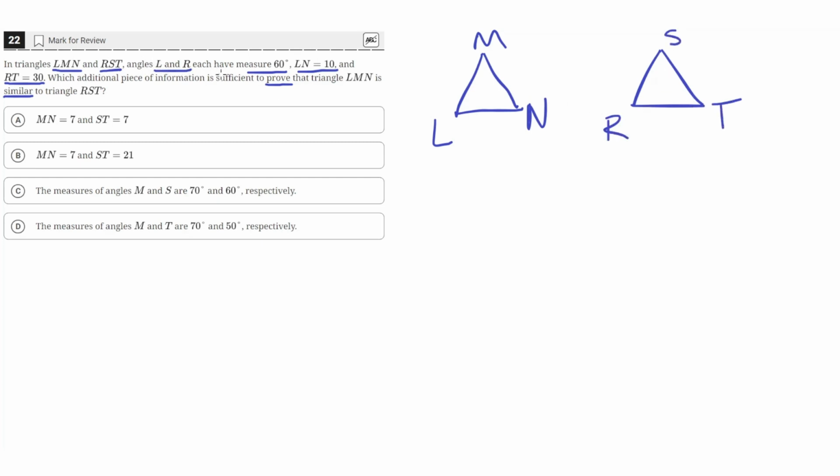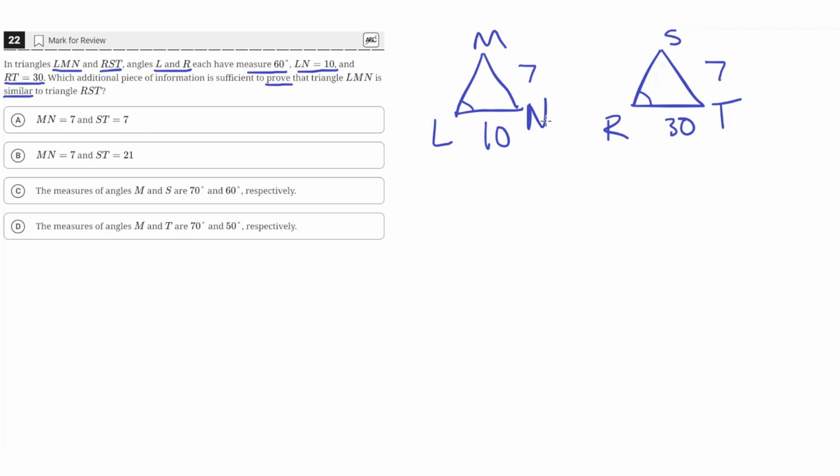So angles L and R are both 60 degrees. So this and this are the same angle. LN and RT are 10 and 30. So LN is 10, RT is 30. What additional piece? Okay, so answer choice A says that MN equals 7 and ST equals 7.